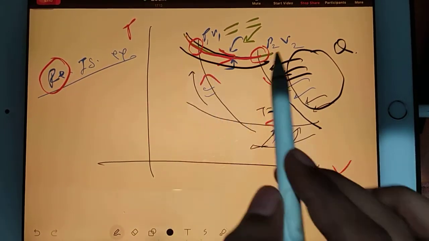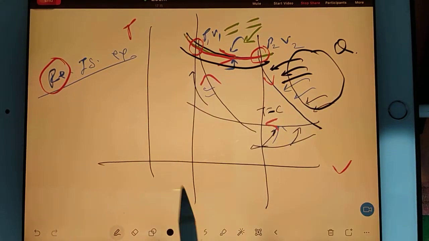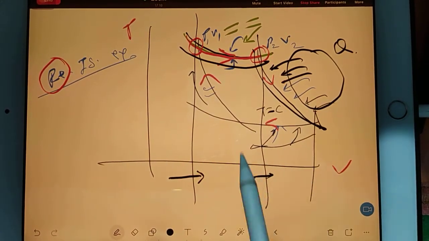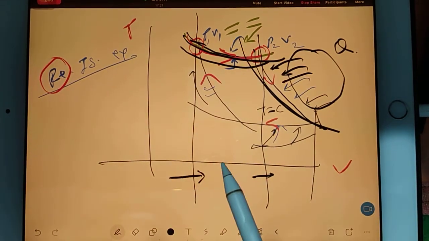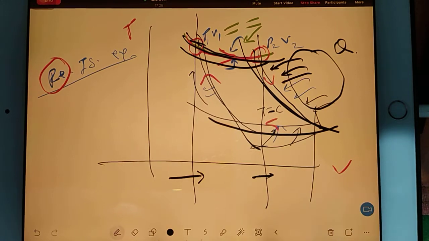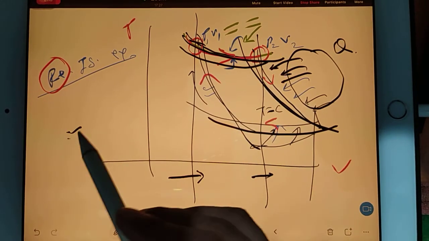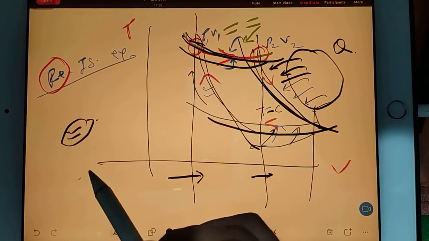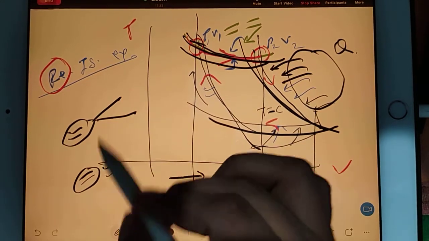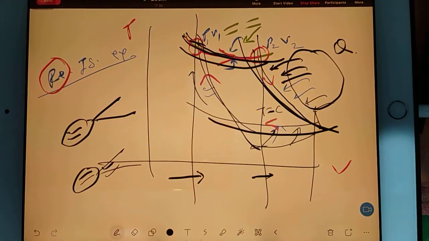So here to here is expansion, because the volume was earlier this much, and now the volume has increased, and still your volume is increasing. So process 1 and process 2 are expansion processes, and process 3 and process 4 are compression processes. So you have two isothermal and two adiabatic, and in isothermal you have one expansion, one compression. In adiabatic also one expansion, one compression.